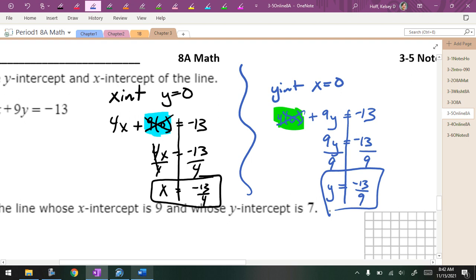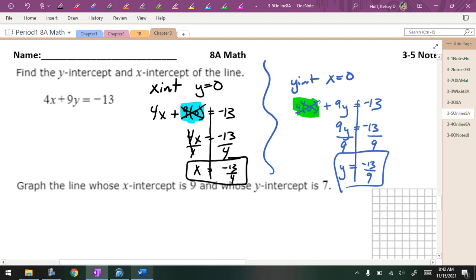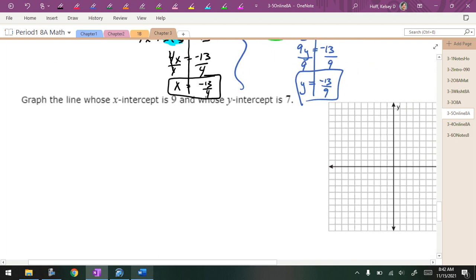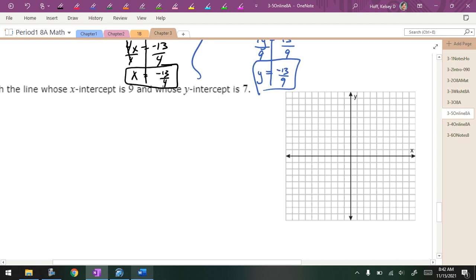Okay, this last one you guys are going to do on your own, and then I'm going to show you the answer. Graph a line whose x-intercept is 9 and y-intercept is 7. These are two separate points that you're going to plot. The x-intercept put on the x-axis, the y-intercept put on the y-axis, and then we're going to draw a line to connect them. Okay? Notice they're even labeled for you.